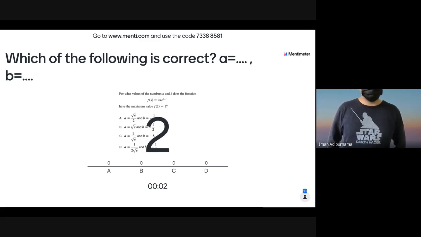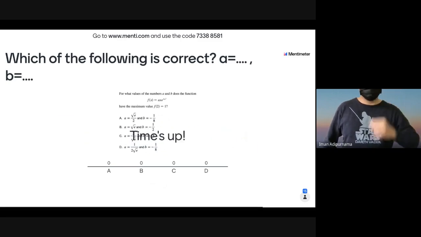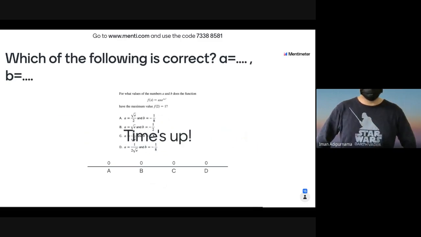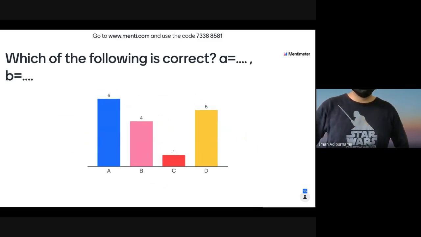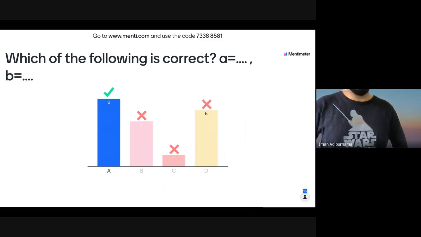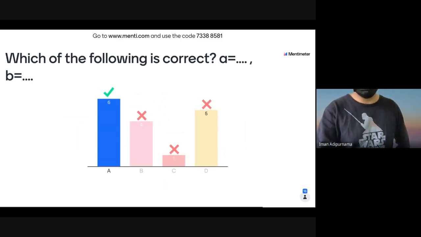Okay, 4, 3, 2, 1. Okay, I think it's okay.